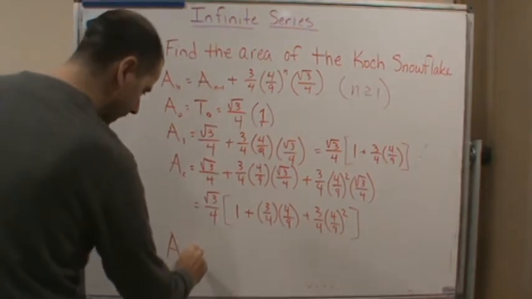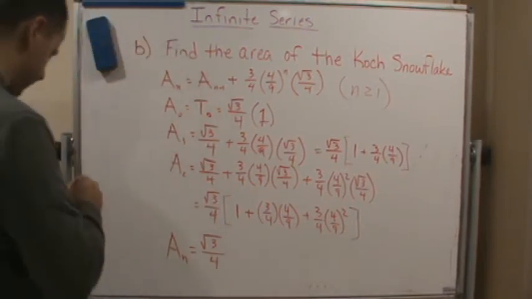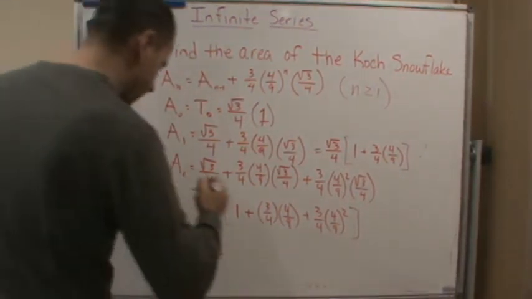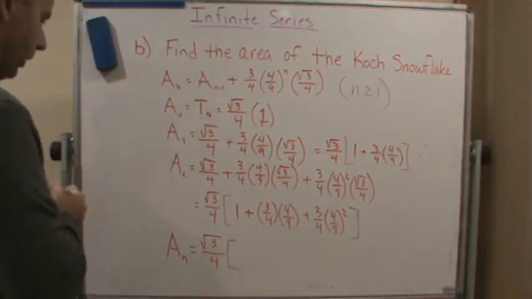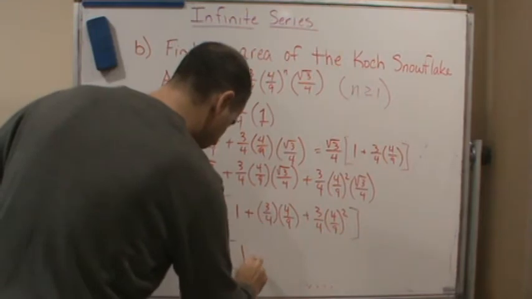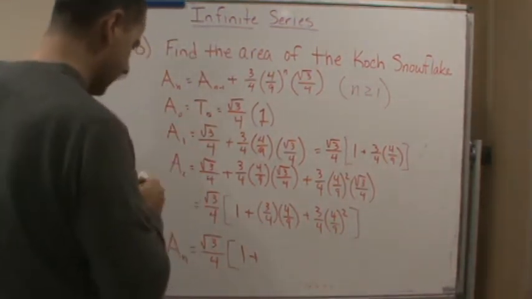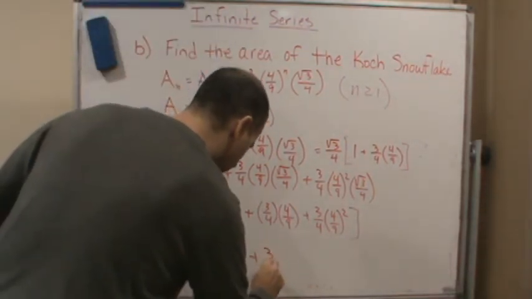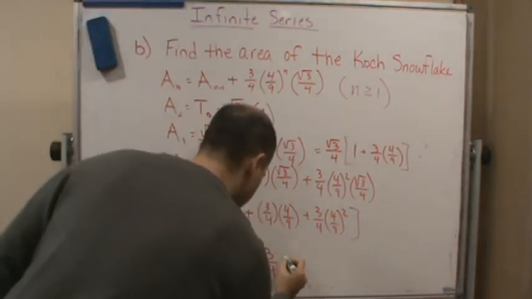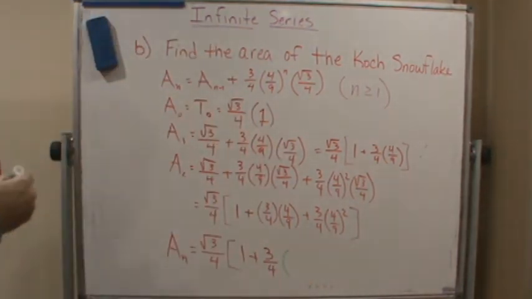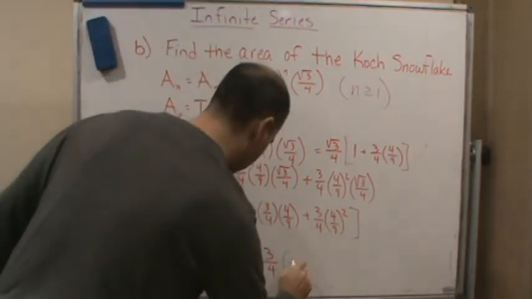So a sub n is going to be equal to the square root of 3 over 4, and then I'm going to put in brackets 1 plus, and now I'm going to factor out the 3/4. And then what's left over when I factor out the 3/4 is going to be 4/9.